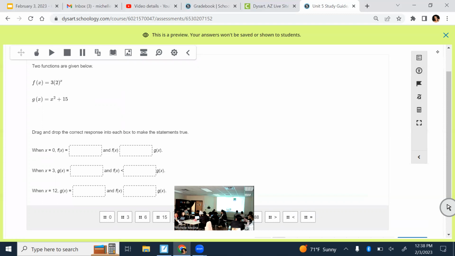The first part says when x equals 0, f of x equals blank. So what do I do to figure that out? Jonathan, what do I do to figure that first part out?